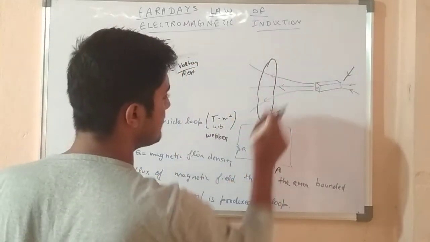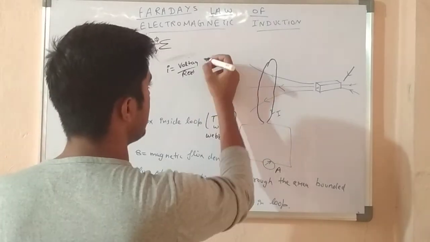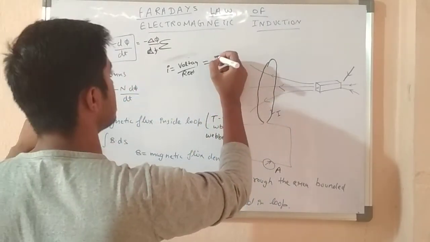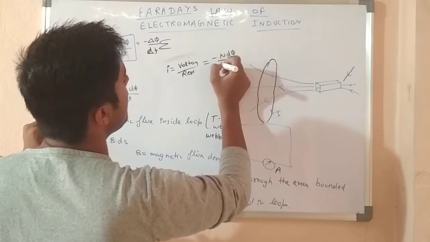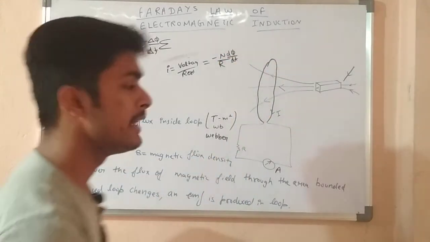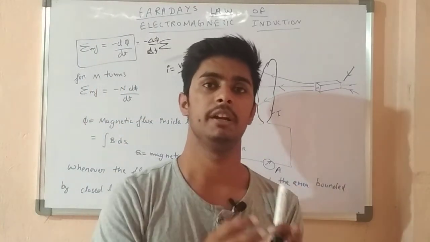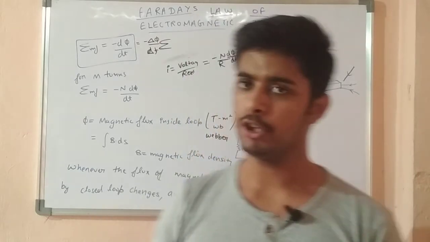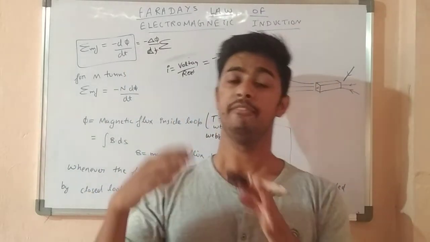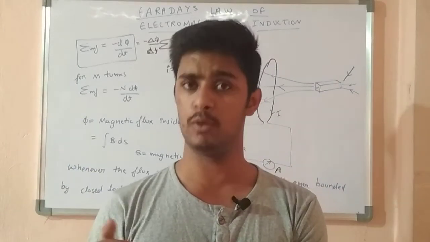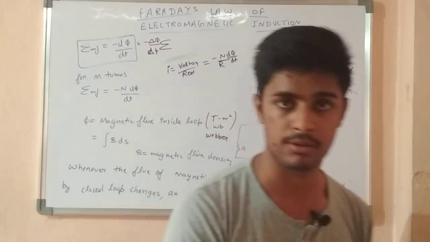If a resistance is connected in series in this loop, then current can be written as minus n d phi by dt divided by R. EMF divided by resistance will give us current in amperes. The unit of EMF is volts, obviously, because it is a voltage quantity. But physically the meaning is not related to voltage. It is electromotive force.